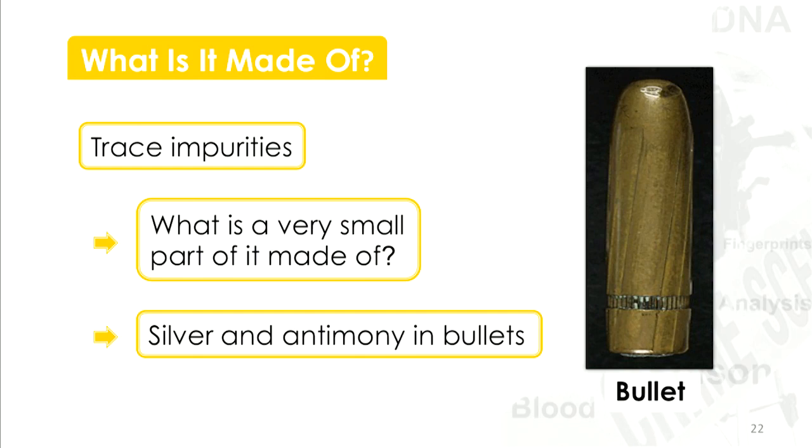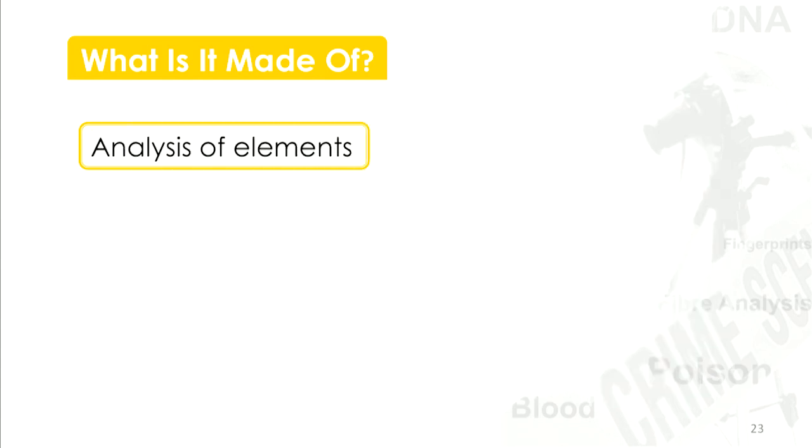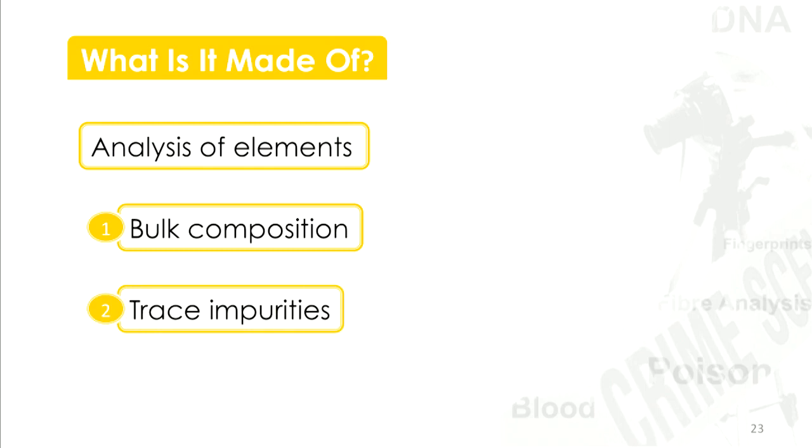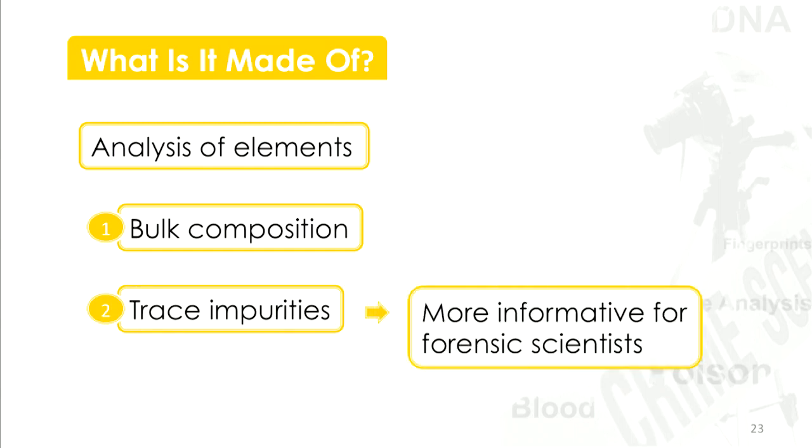So when we're talking about analysis of elements, we're talking about two things: determining what is the bulk composition, but also detecting and analyzing the trace impurities, those elements that are present in very small amounts. And often it's the latter that is the more informative for forensic scientists.